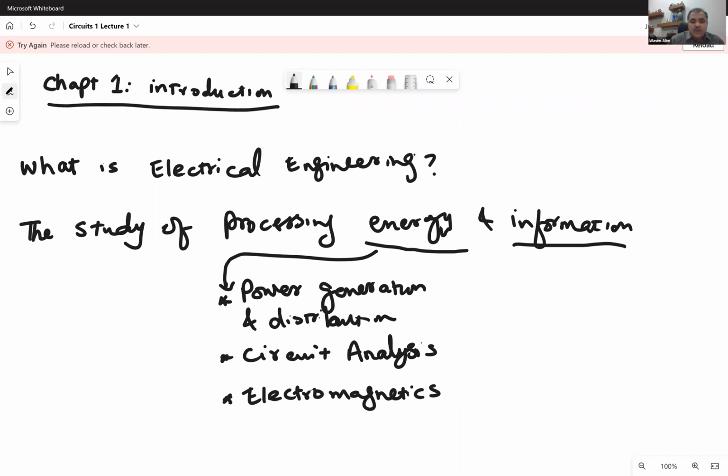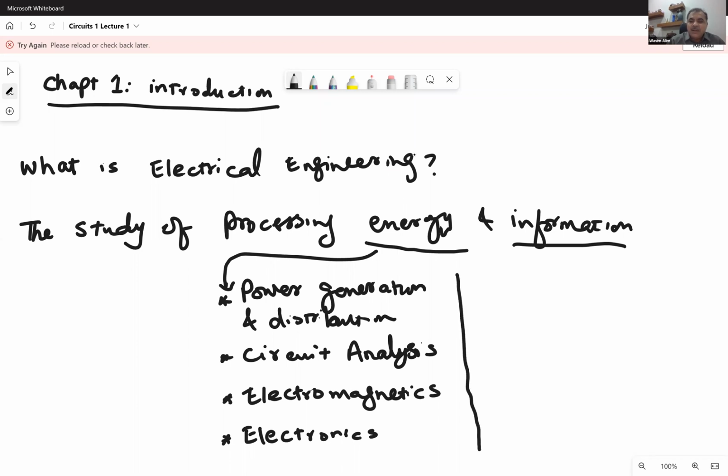And also, one of the areas which could be listed in both of these is electronics. Fundamentally, they have to do with physics, so I've listed it in terms of energy, but of course it is used for information processing.